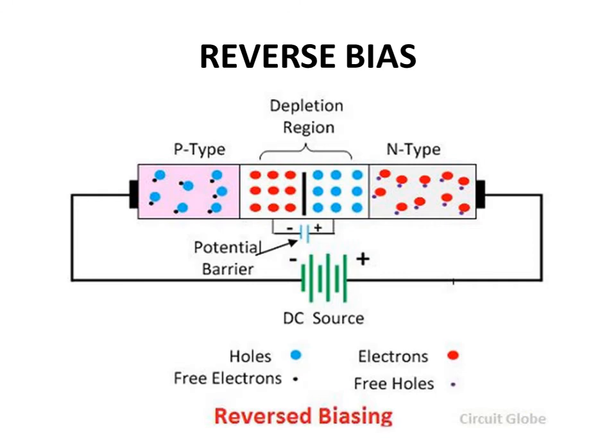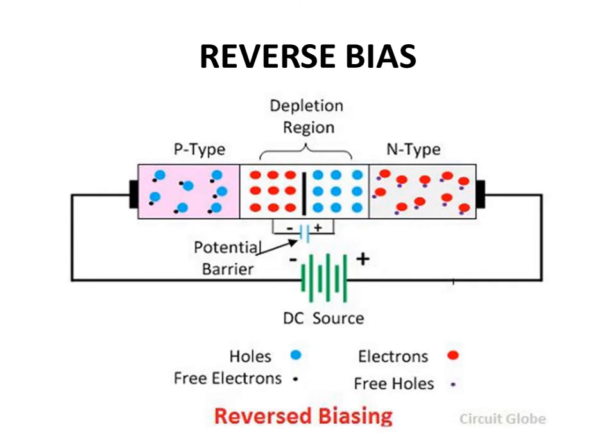Similarly, electrons in the N side will move away from the depletion region and they will try to move towards the positive of the battery. So essentially in the PN region, the charge carriers are moving further away from the depletion region. That means the depletion region will get wider and wider, depending on the voltage used in the battery.